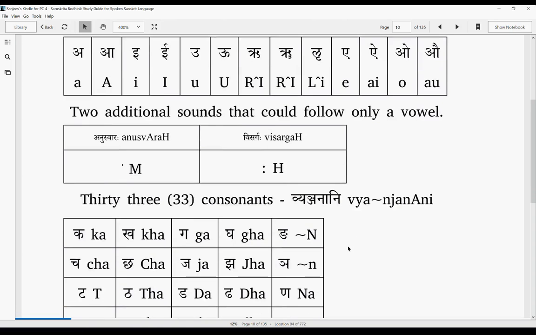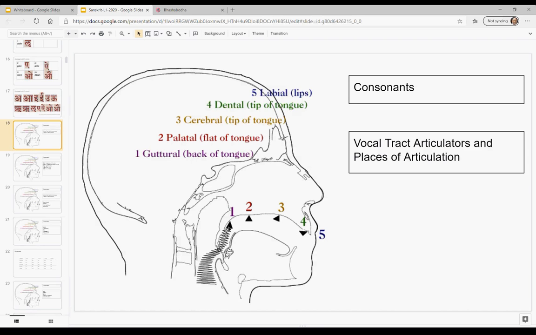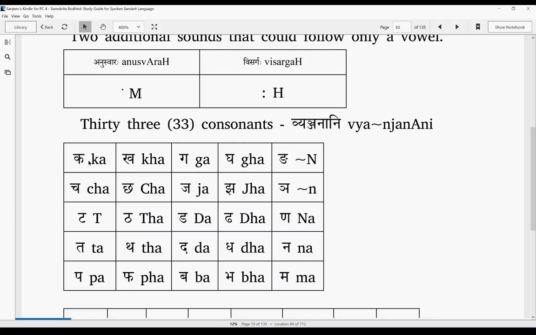The different places where they are pronounced, that was also discussed last time. The consonants have different places in the mouth, and that's why these are kept in 5 lines here. For the first line, the place of pronunciation is the back of the throat. The back of the tongue touching the back of the throat is needed to produce the first line of consonants, ka, kha, ga, gha, nga.